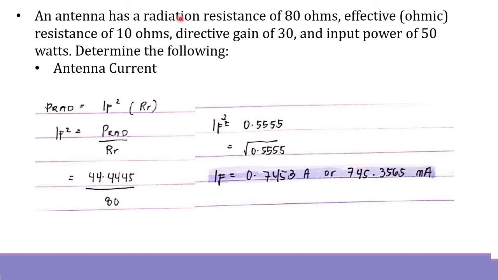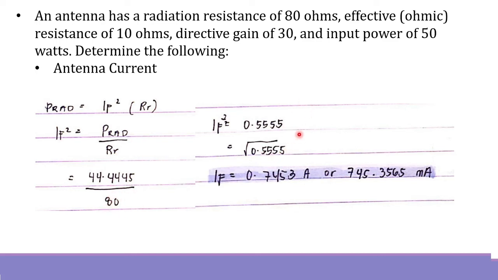And next would be the antenna current, which will be using this formula. P rad is equal to IF squared, which is feed point current squared, multiplied by radiation resistance. So to get the feed point current, we will be having P rad over RR, which is 44.4445 over 80.